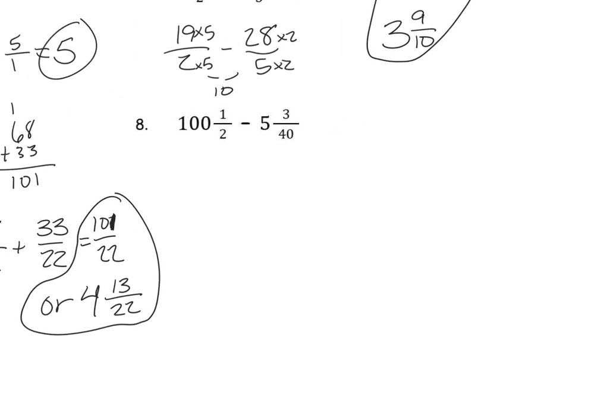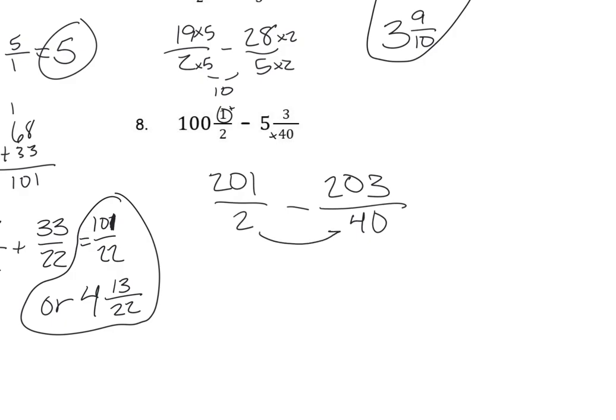All right, number 8. 100 and 1/2 minus 5 and 3/40. 2 times 100 is 200 plus 1 is 201. 40 times 5 is 200 plus 3 is 203. That's over 40. No common denominators yet, but I can say, hey, this is times 20.